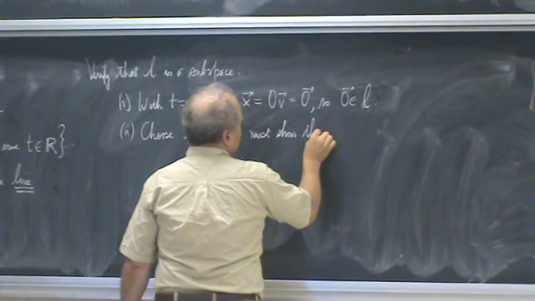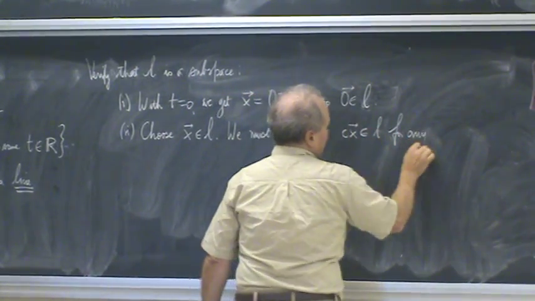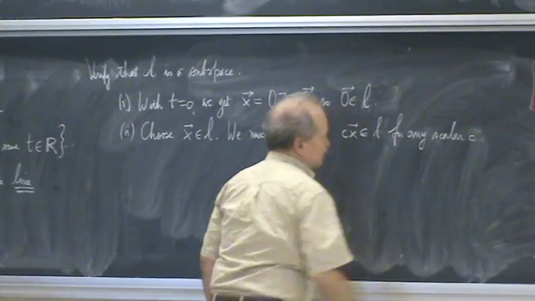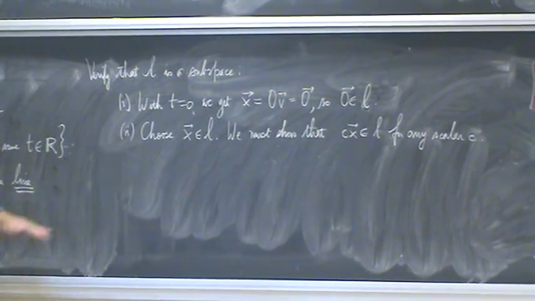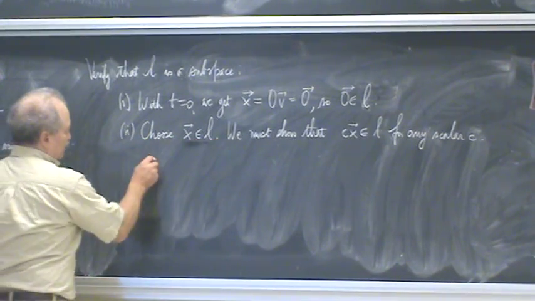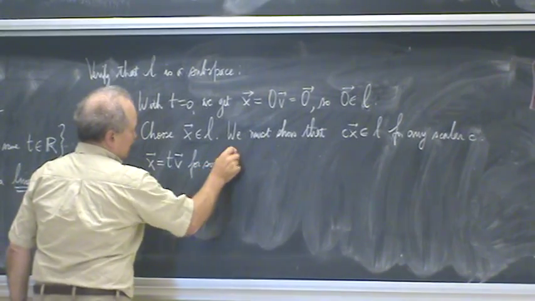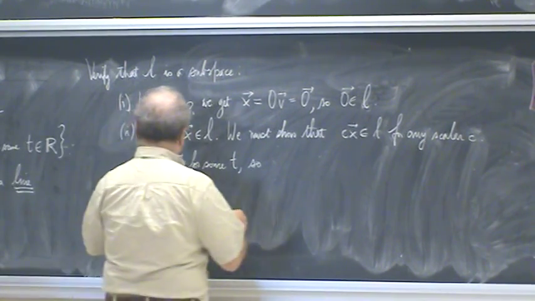that cx is in L for any scalar c. So what does it mean for x to be in L? x equals tv for some t. So it's lots of words here. It's the same t times c, c times t. You're ahead of me, but that's right.